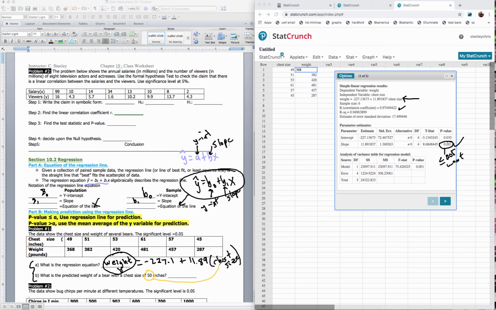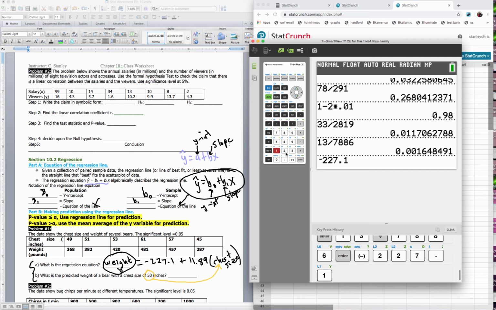So I'll go ahead and do that with my calculator. Just give me a second to pull it up. Okay, I'm back. So what I'm going to do is negative 227.1, so that's that right here, plus 11.89, open parentheses, and I want to put the 50 in there.